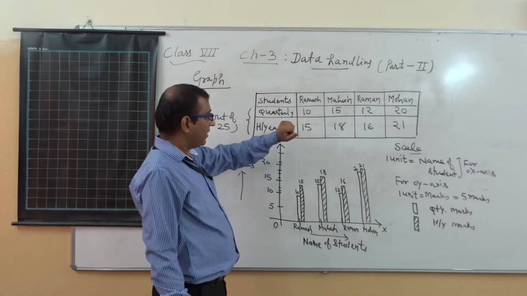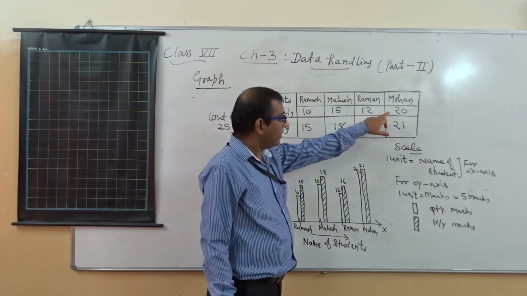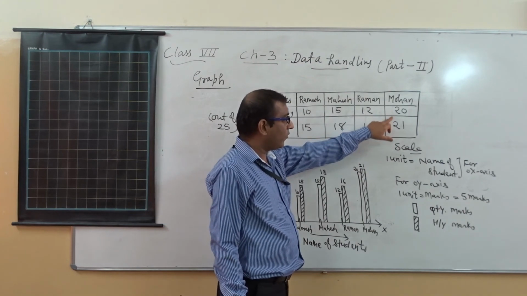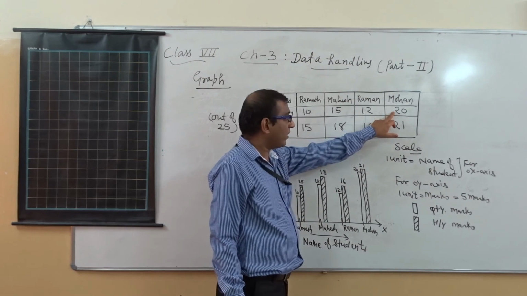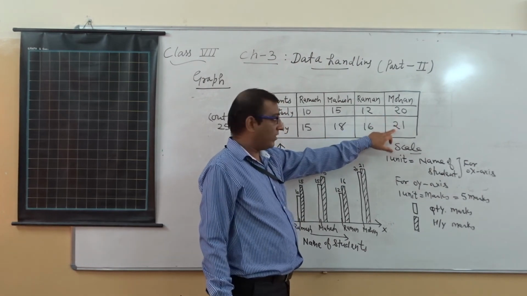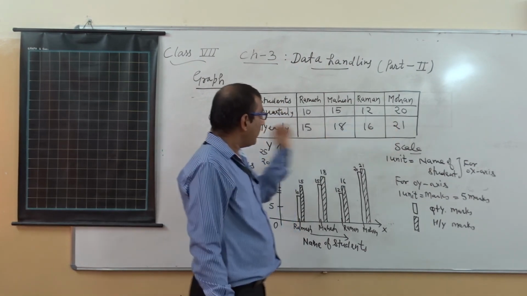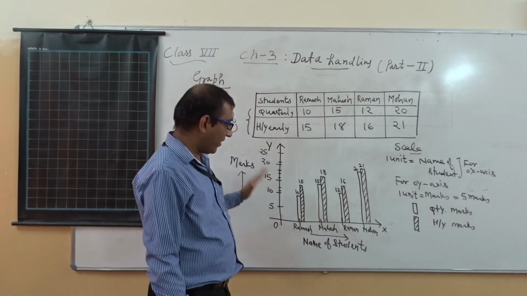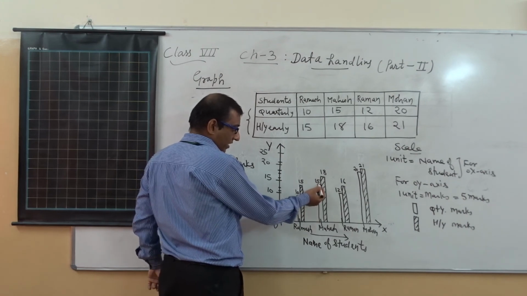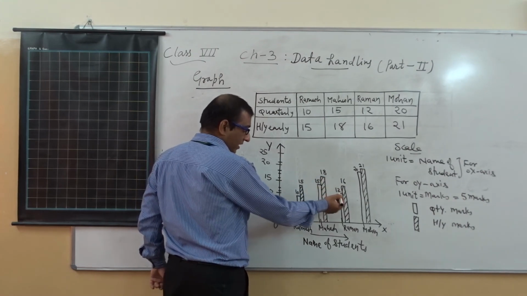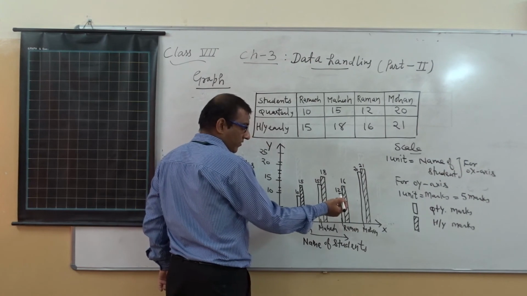Right? And if you see here, there is a little bit of improvement in Mohan's marks. His score in quarterly was 20. Now he is getting 21. So it means improvement is there. With the help of this bar graph, 10 to 15 means improvement is there. 15 to 18, again improvement. 12 to 16, improvement.